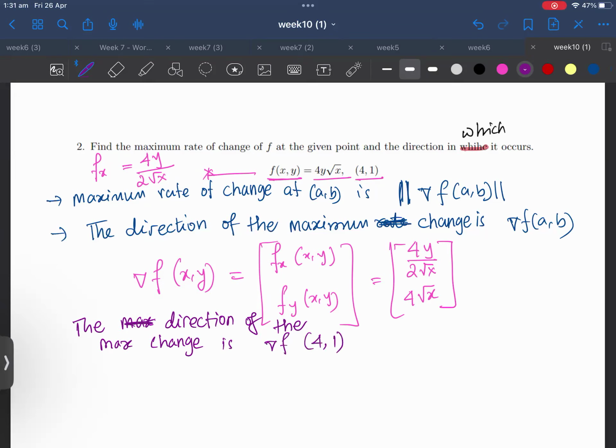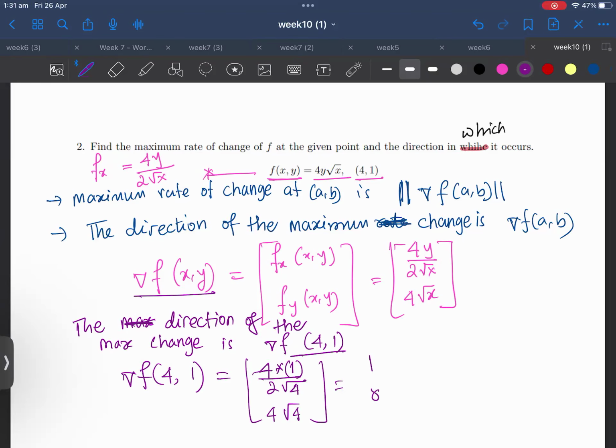So if you plug in this one at (4, 1), we have 4 times 1, and 4 square root 4. So you have basically 1 and 8.